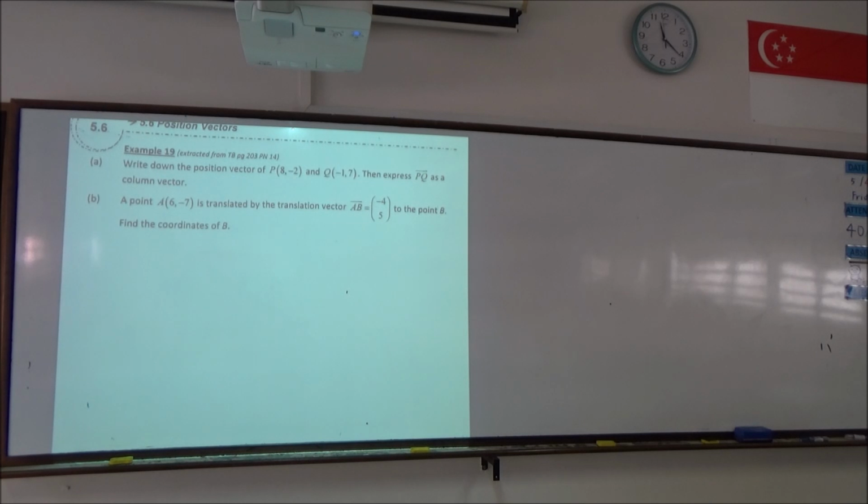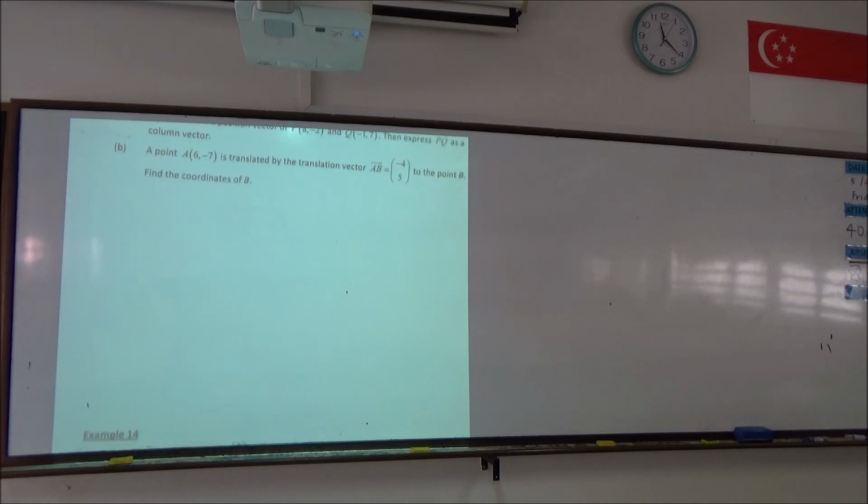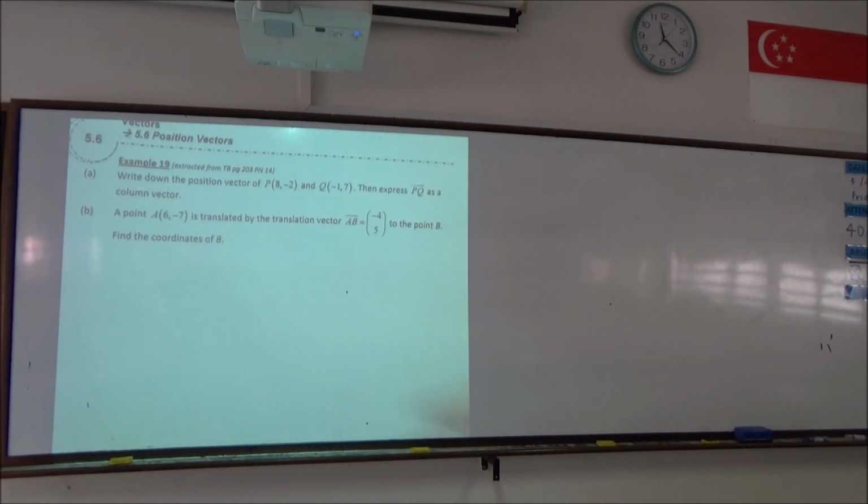Okay, example 19. You want to write down the position vector of the points P and Q, then express PQ as a column vector. Could you do that? Part A. We will do part A first.